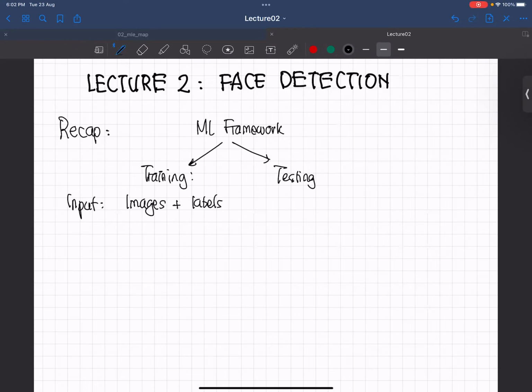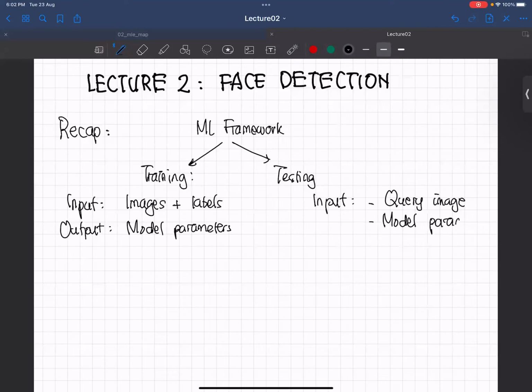The output of the training stage is model parameters. For the testing stage, the input is a query image or test image, and also the model parameters. These two are exactly the same as we move from training to testing, and the output is the predicted label of the query image.